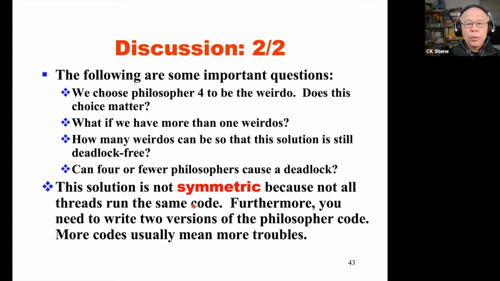Now, notice here, this solution, the real solution, is not symmetric because we write two pieces of code, one for the normals, the other for the weirdos. So that's usually a problem.